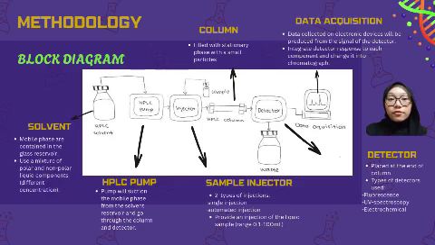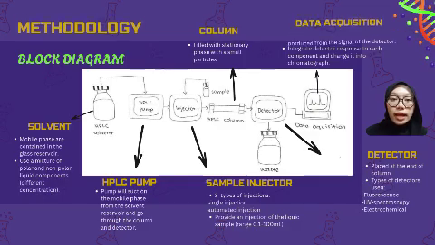An injector for an HPLC system should provide an injection of the liquid sample within the range of 0.1 until 100 ml of volume with high reproducibility and under high pressure. And then the columns are usually made of polished stainless steel and are between 50 and 300 ml.